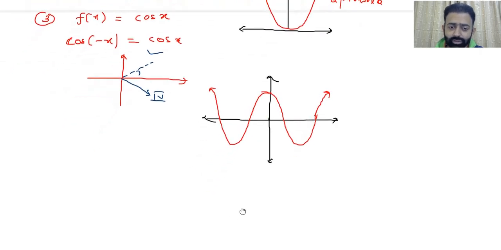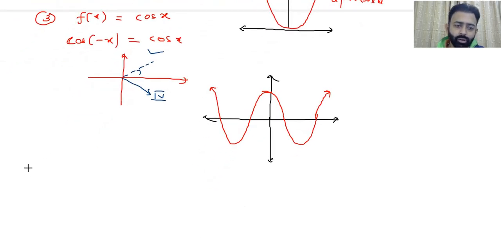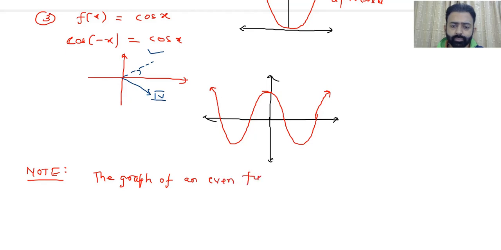So this is an important property for all the even functions, that the graph of an even function is symmetrical about the y-axis or the vertical axis.